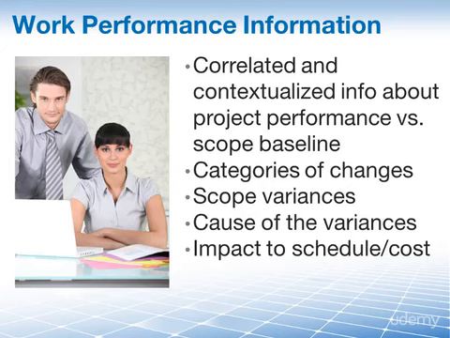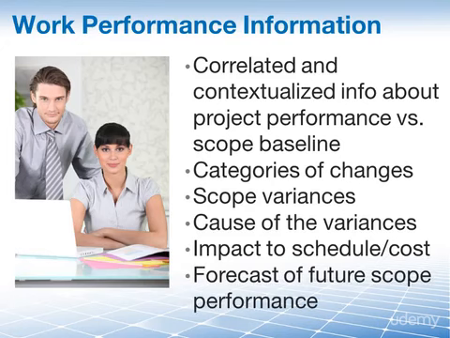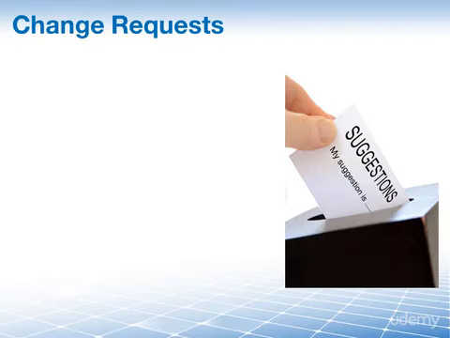Remember, these are all dependent constraints, and perhaps there will even be a forecast based on the data gathered of the future scope performance. This work performance information provides the foundation for informed decisions about scope later on. Remember that one of the questions that we asked during the variance analysis was, are we going to have to do something about these variances? And if so, what?